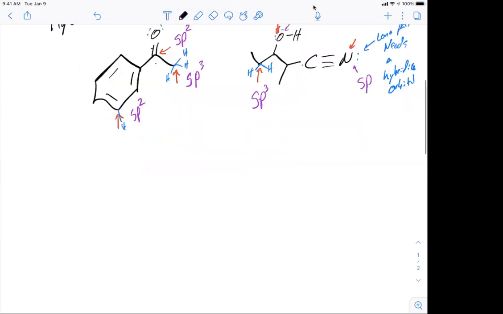Okay, the next one that was important in that area was dipole moments.